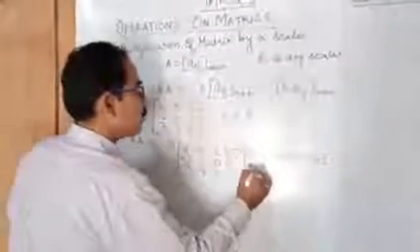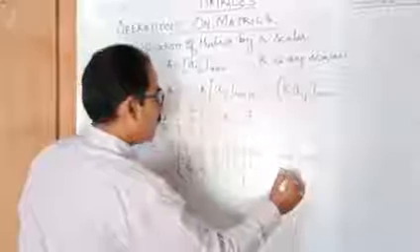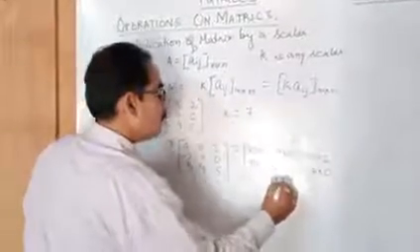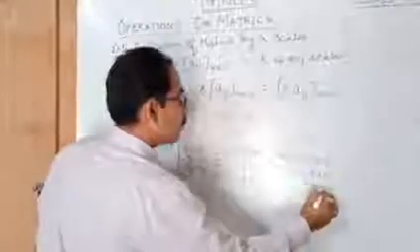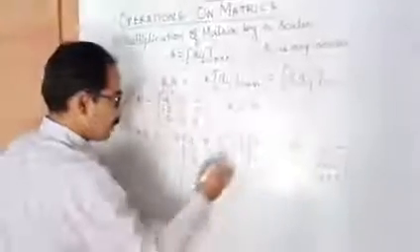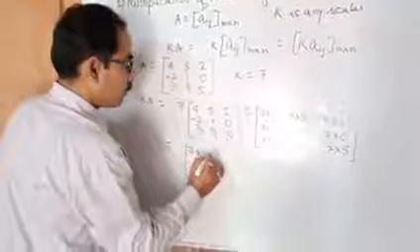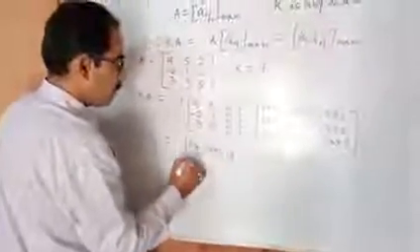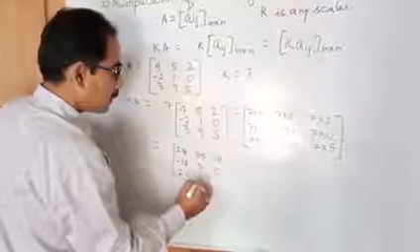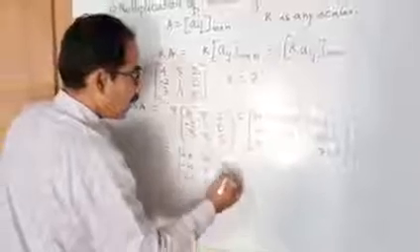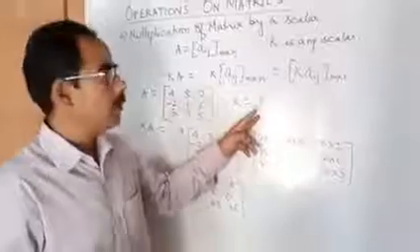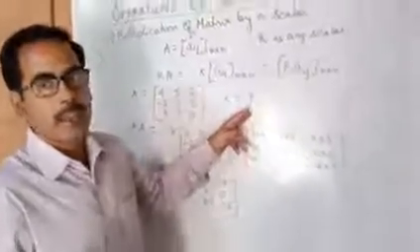Similarly 7 into -2, 7 into 1, 7 into 0. Then 7 into 3, 7 into 9, 7 into 5. Ultimately you get 28, 35, 14, -14, 7, 0, 21, 63 and 35. I hope it is clear students. K can be positive, K can be negative. We know very well that a scalar quantity can be taken as any value.